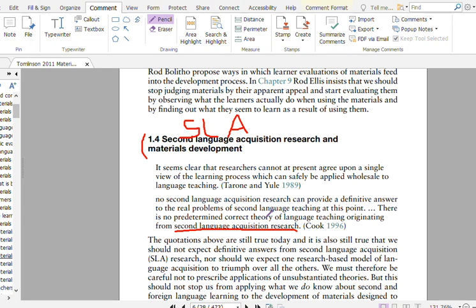Here we are only considering second language acquisition research, but when it comes to teaching and learning, our findings about second language acquisition are not sufficient, because there are some other things that are important. You should consider the findings of other research areas.